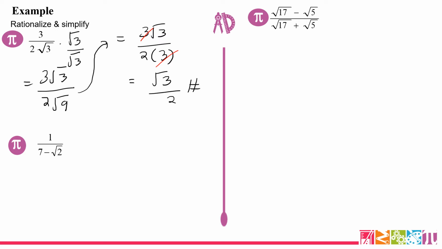Question number 2. 1 over 7 minus root 2, multiply by its conjugate for the top and bottom. 7 minus root 2, its conjugate is 7 plus root 2. Expand carefully for the numerator and denominator.